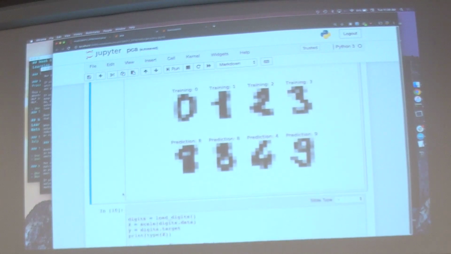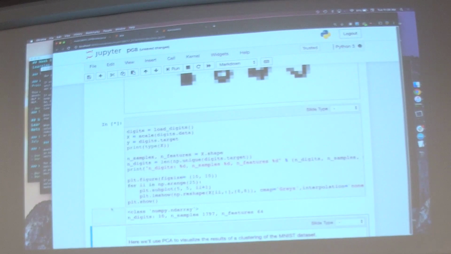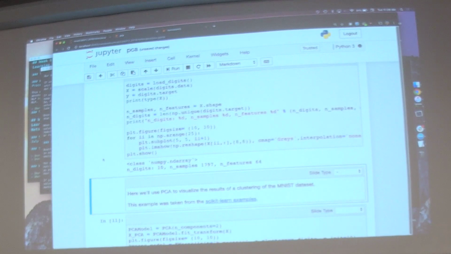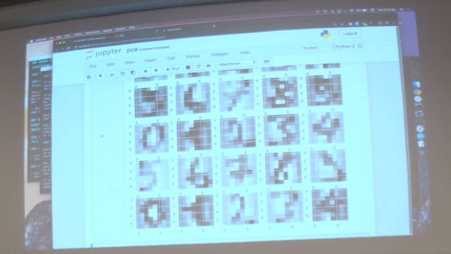So these are our handwritten digits. Cool. We'll just look at a few of them to remind you what they look like. Again, 64 dimensions, right? Probably we don't need all those dimensions, especially the points around the borders here. That's probably not a lot of useful information for a classifier.